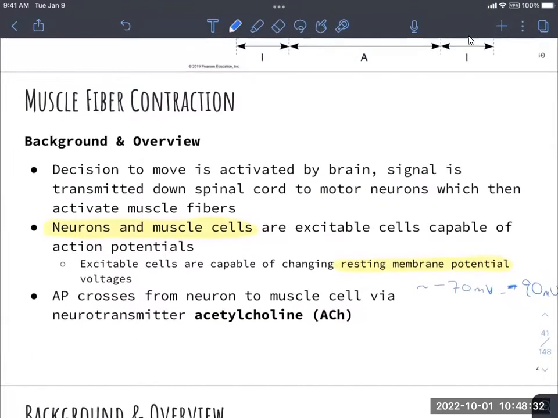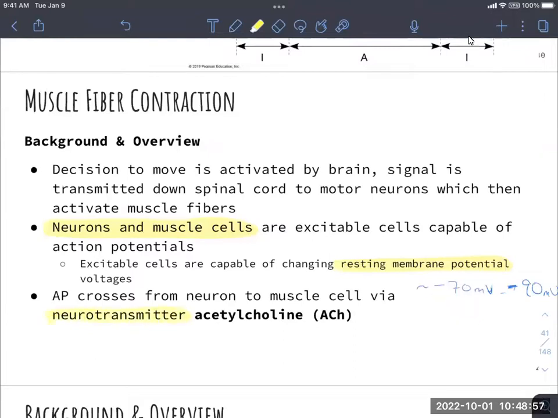So when that nerve wants to tell the muscle to do something, nerves talk from one nerve to the next nerve, or a nerve to an organ, and in this case it's a muscle. They use what are called neurotransmitters.